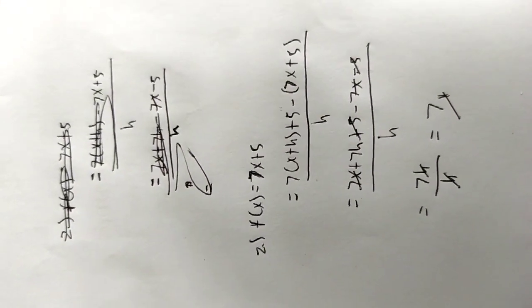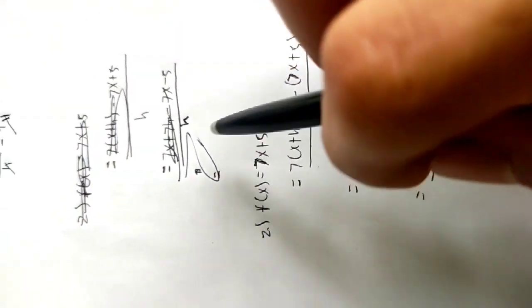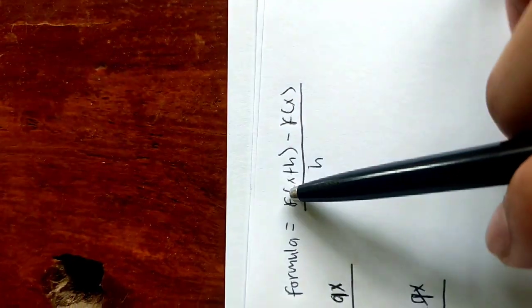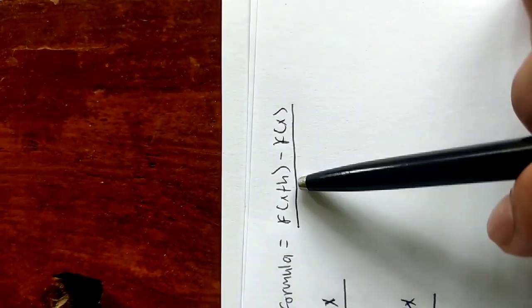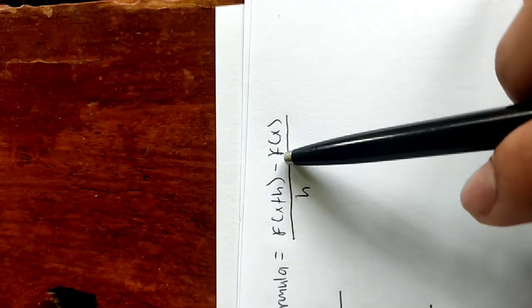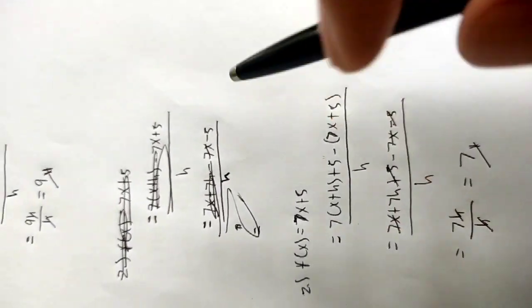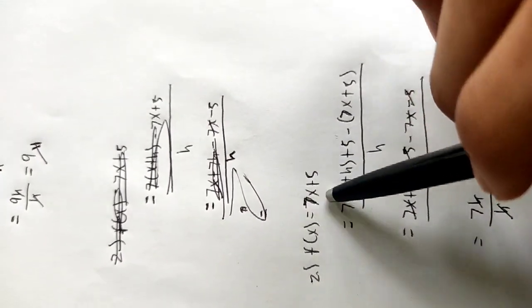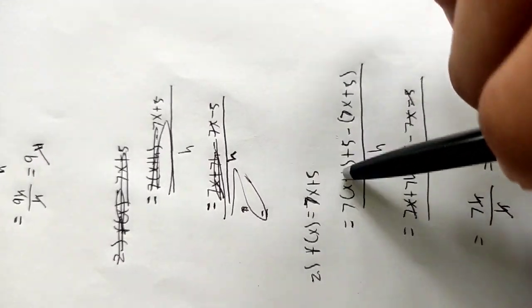So on example number 2, we have the function equal to 7x plus 5. Using the formula earlier, which is f of x plus h minus f of x, all over h. What we're going to do is put the 7 outside because only x plus h is on the inside.